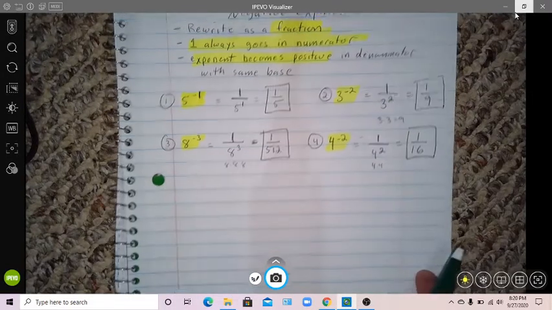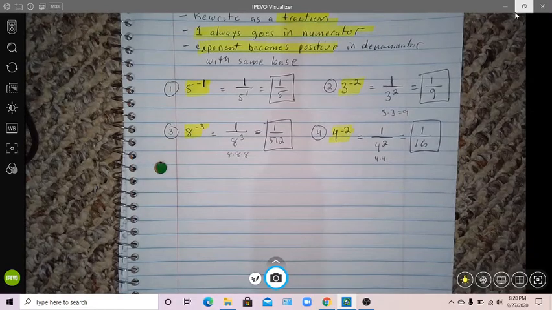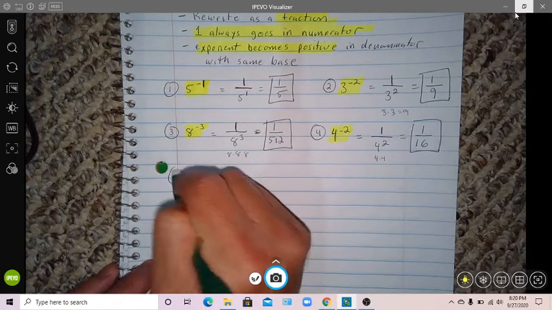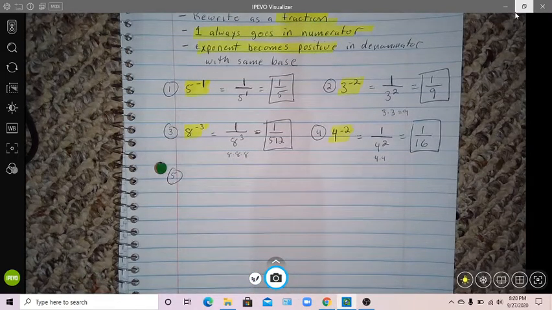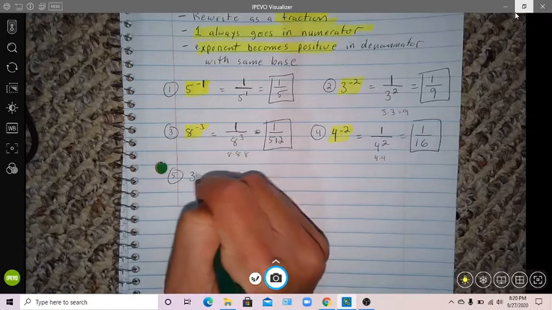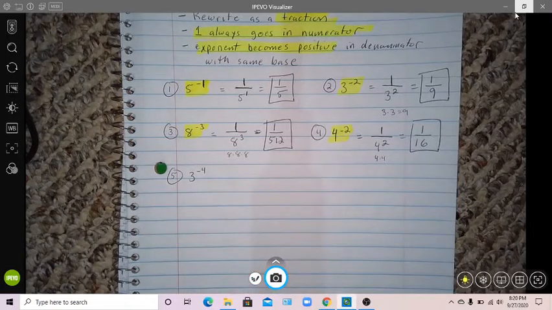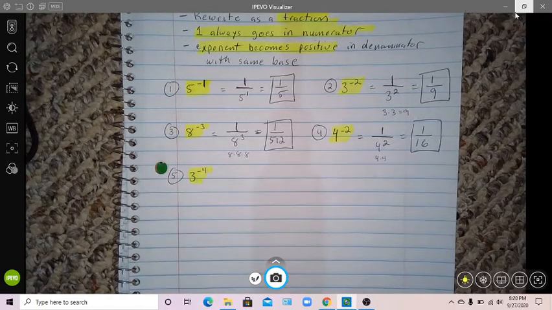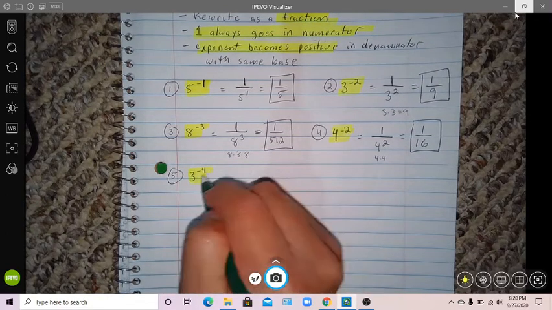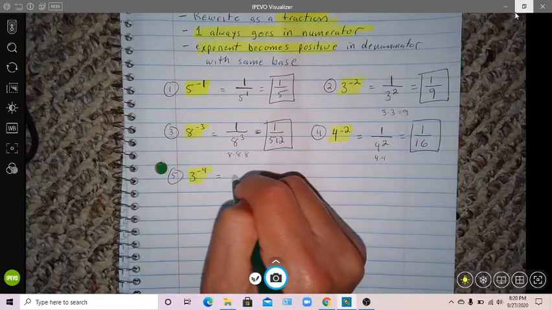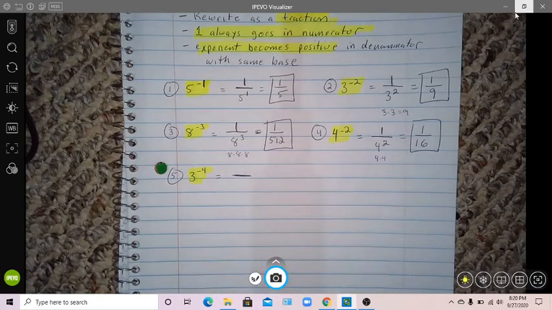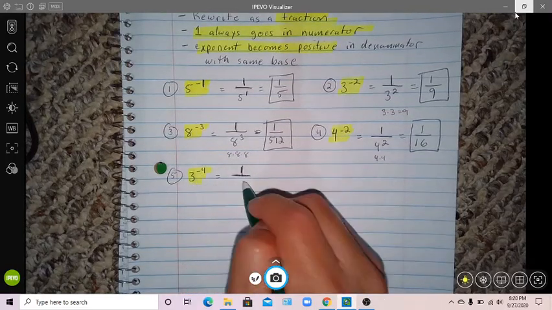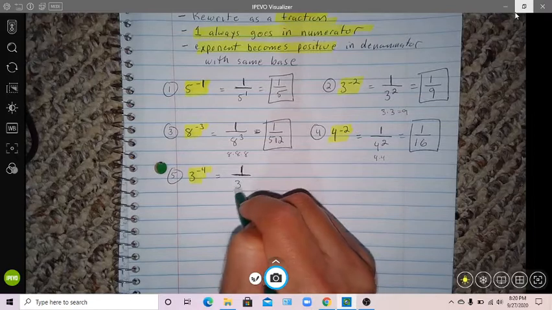Okay, let's do number 5 here. 3 to the negative 4 power. Negative exponent, so I'm going to rewrite that as a fraction. 1 goes in the numerator. 3 to the positive 4 goes in the denominator.